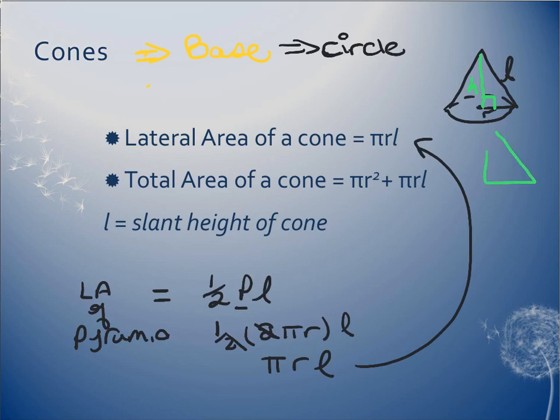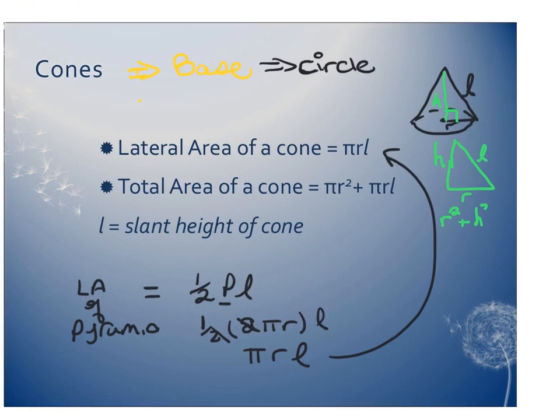So if I pull this out, height, radius, slant height, the slant height is my hypotenuse. So if I have 2 of them, I could use the Pythagorean theorem, r squared plus height squared equals slant height squared. And that would help me to find any of the missing pieces that I may need in my formulas.